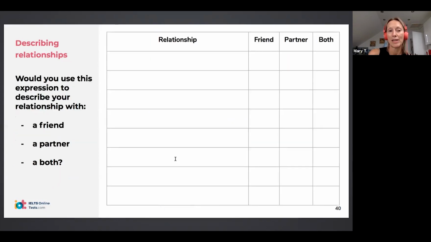Okay, so I'm going to give you some expressions now. I just want you to think about whether you could use these expressions to describe your relationship with a friend, a partner, or both. Okay, so the first one is this one, which we've kind of looked at before. We get on well with each other. What would you say? Both. That's right. It was love at first sight.